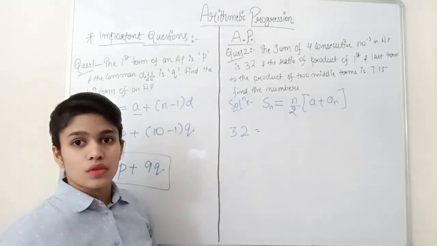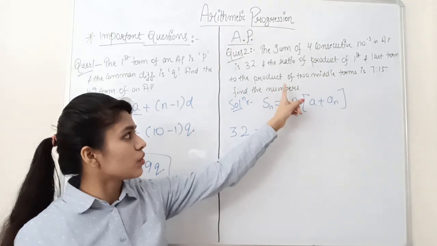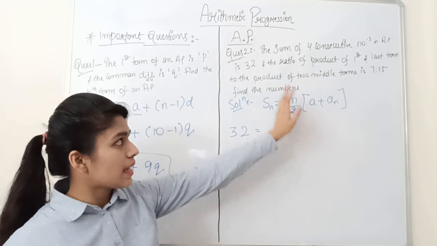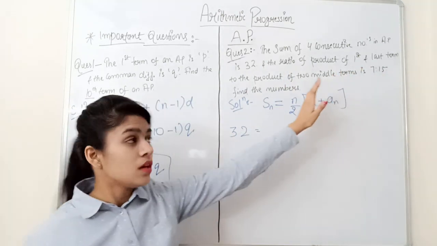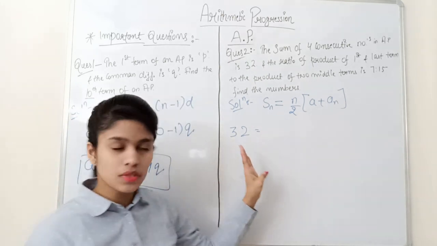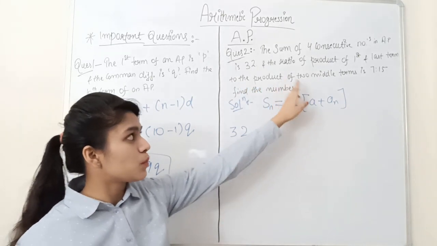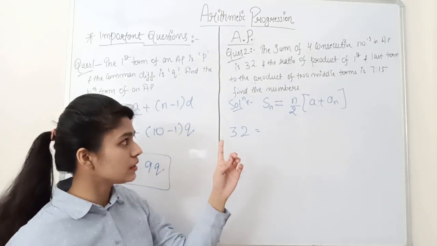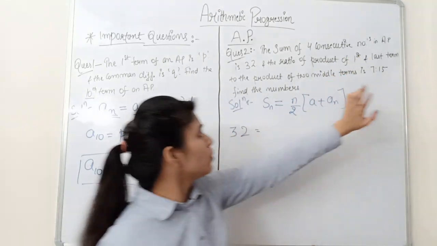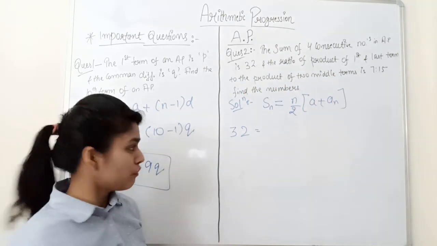One condition is also given: the ratio of the product of the first and last term to the product of the two middle terms is 7 by 15. Total terms are 4.